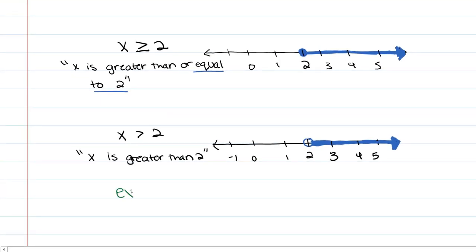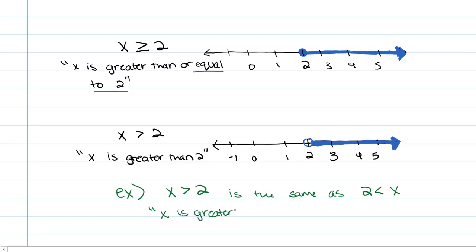For example, this last one says x is greater than 2. That's the same as 2 is less than x. So this one says x is greater than 2, and this one says 2 is less than x.